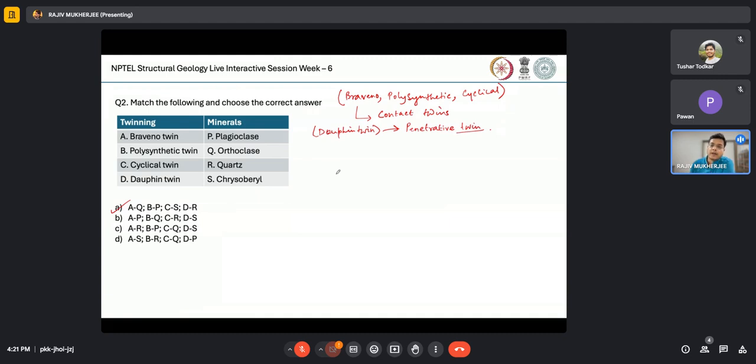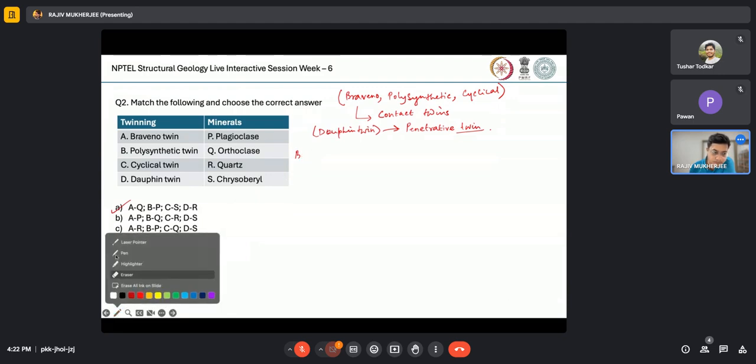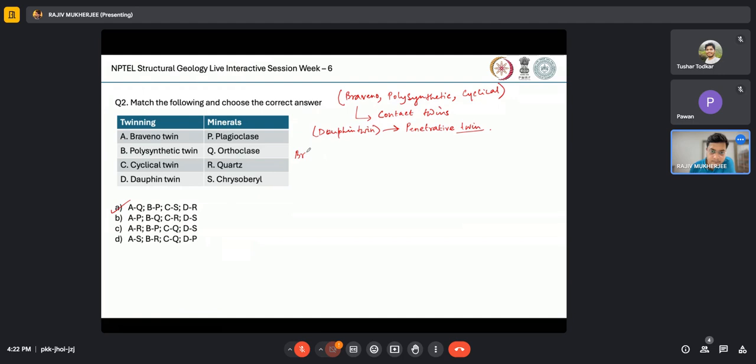Okay, so talk about Braveno twin. This twin occurs for orthoclase following the zero to 1 set of planes.